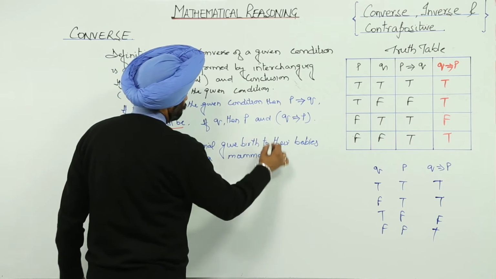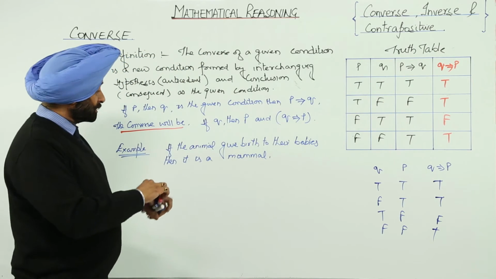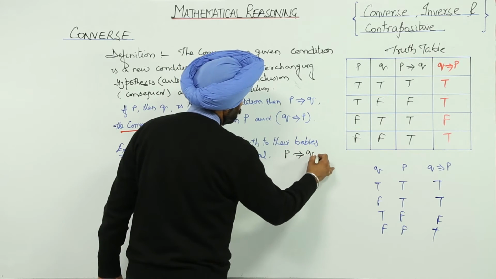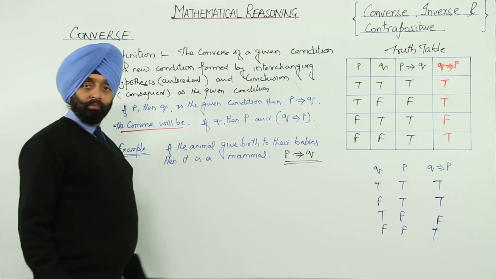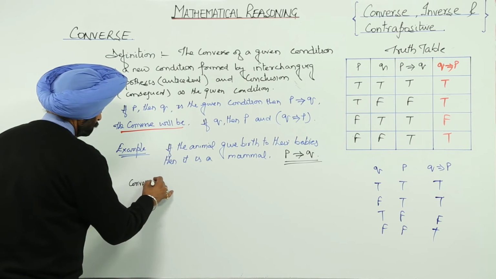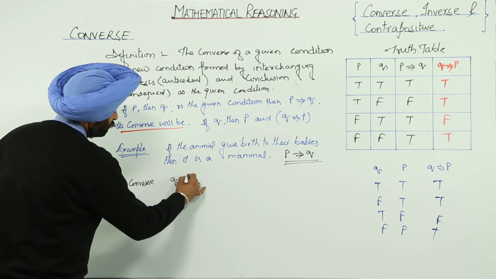Okay, now the basic thing is that this means P implies Q. Now the converse will be Q implies P.